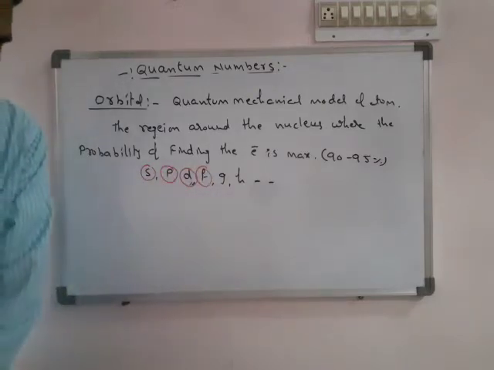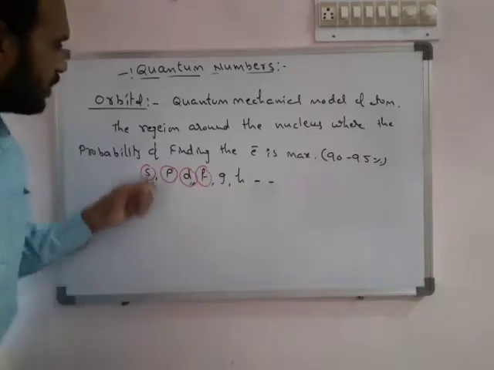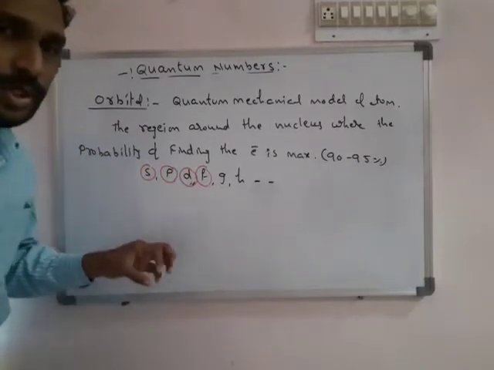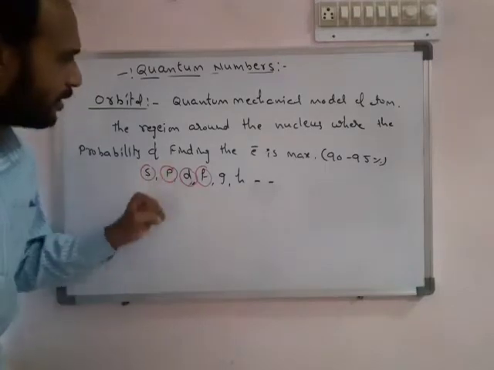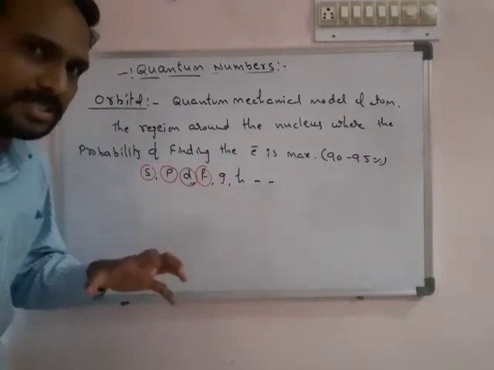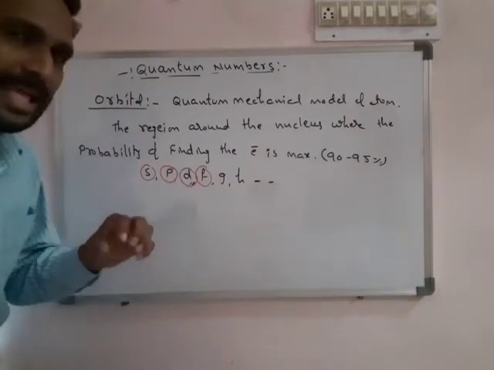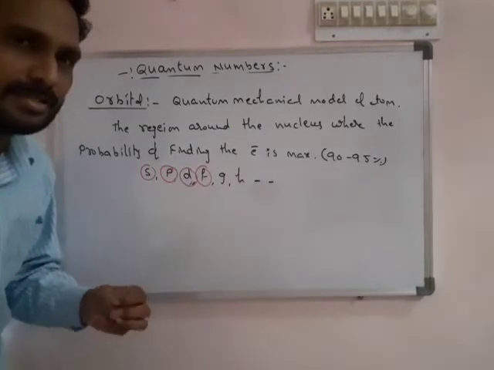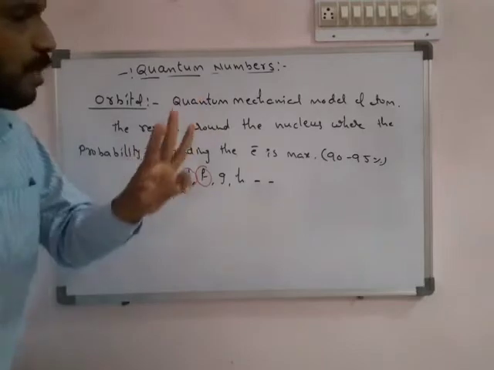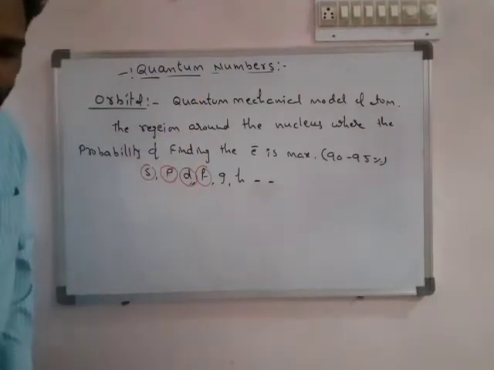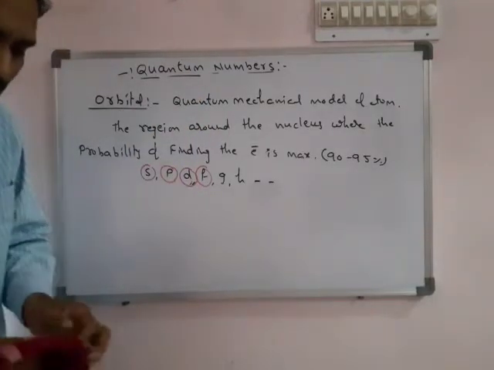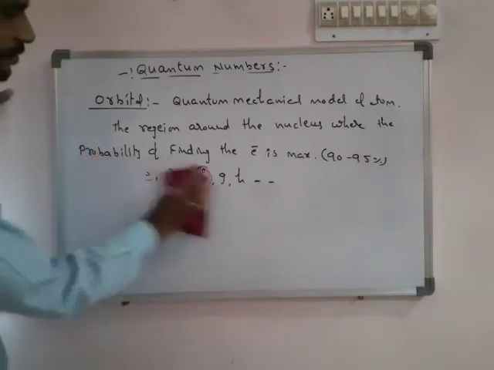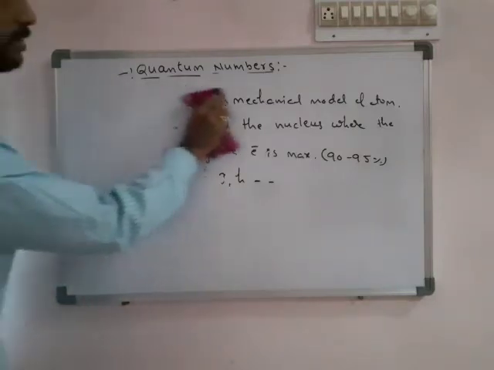Now, what is the purpose of introducing orbitals? To explain the shape of orbitals, the size of orbitals, the energy of orbitals and the direction of the orbitals, three quantum numbers are required.